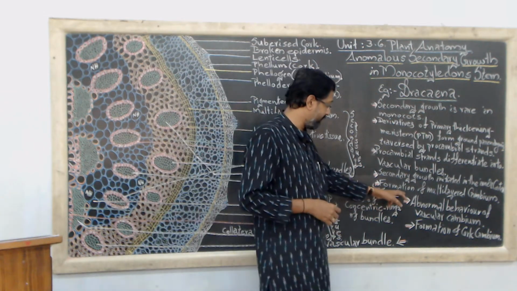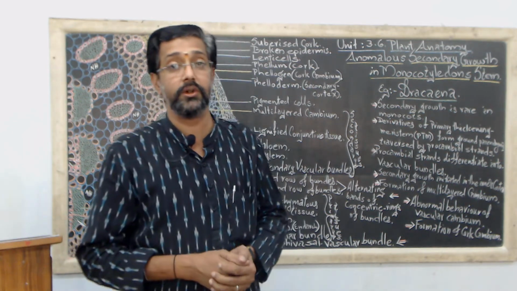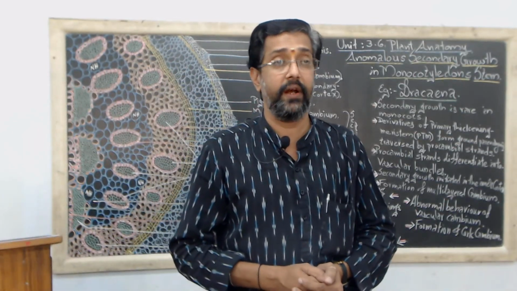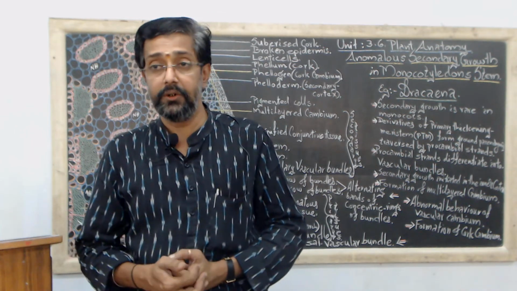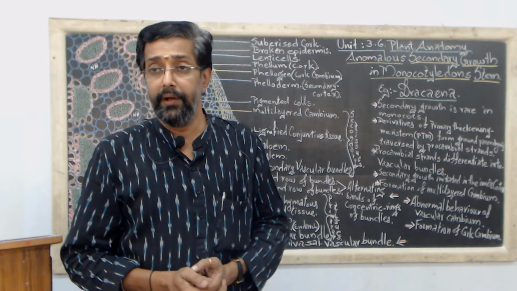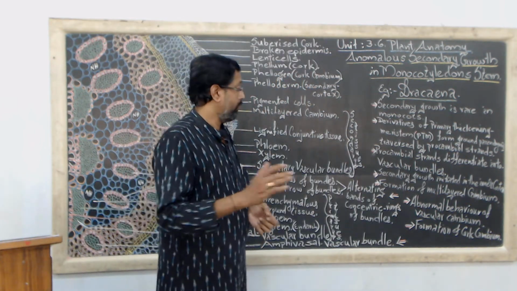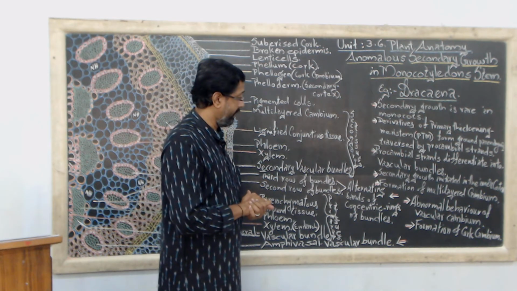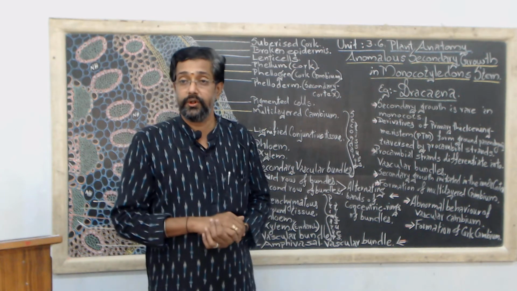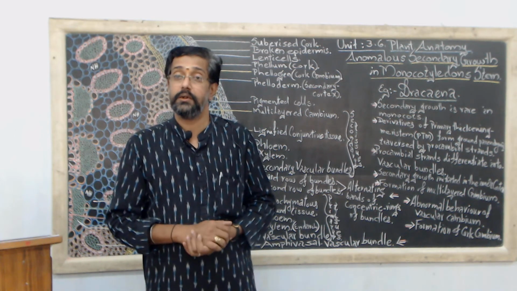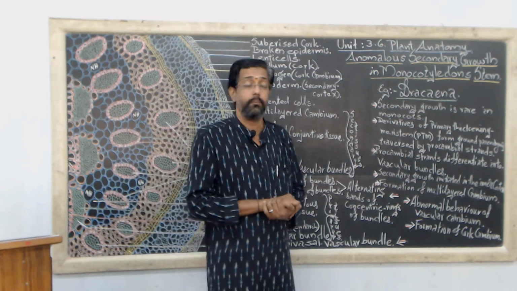So the multi-layered cambium, these cambial strands formed in the ground parenchyma, show irregular nature and are irregular in size, and intermittently the multi-layered cambium divides to produce vascular bundles, that is the second and third rows of vascular bundles.